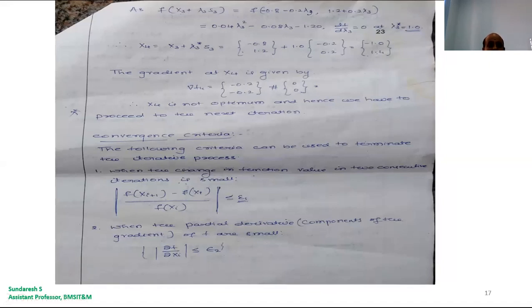So in the third iteration, what we did, we have set S3 equal to minus gradient f3, which is equal to minus 0.2 and 0.2. Now we have to find out the optimal step length.